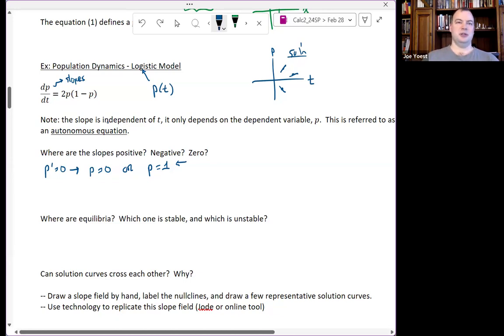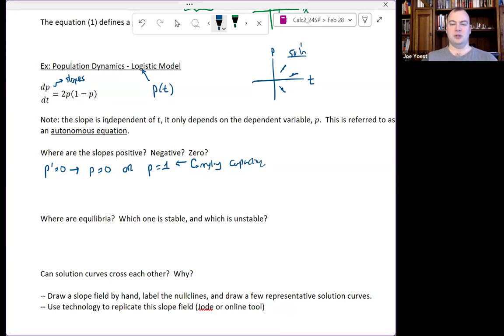It's an equilibrium solution because over changes in the input, the output doesn't change. In other words, this represents something like a carrying capacity. Once our population reaches 100% of the possible level that can be supported, our population doesn't get any bigger, and it also doesn't get any smaller.